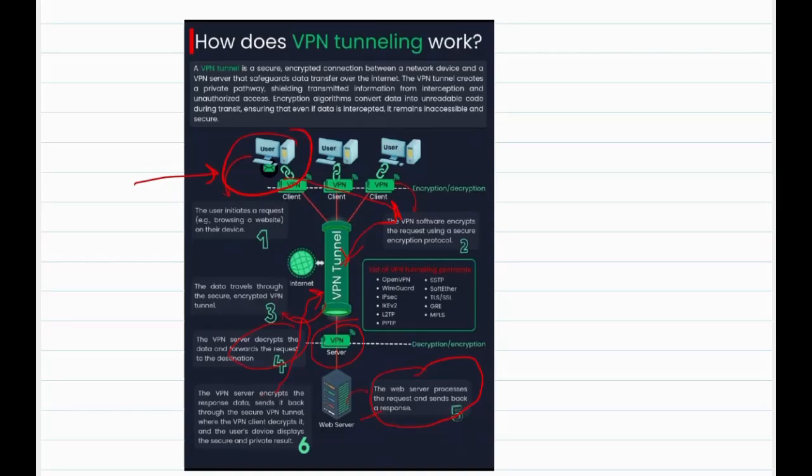This is the way by which we can encrypt data through the VPN, and the VPN secures our data by encryption and tunneling. This is the process by which we can secure our data.